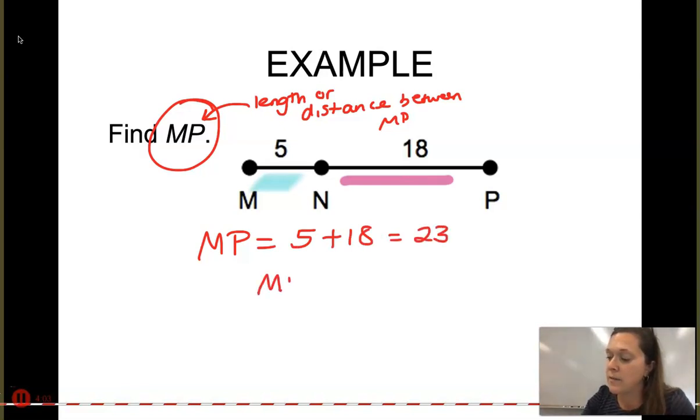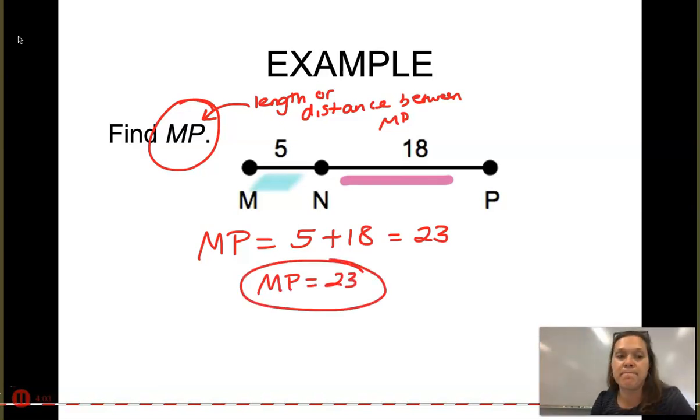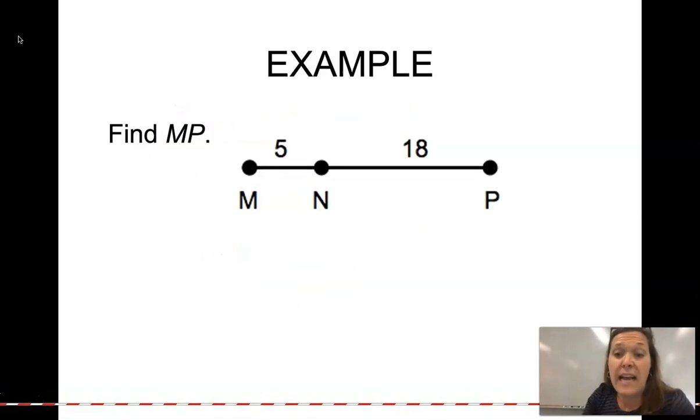My final answer tells me that the length of MP is equal to 23 units. Simple as that, adding two numbers.